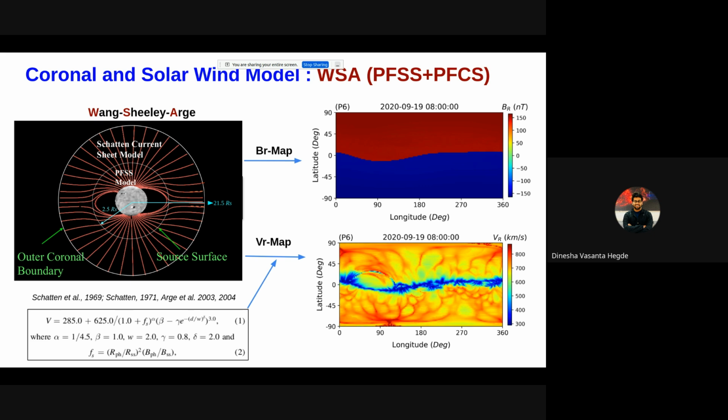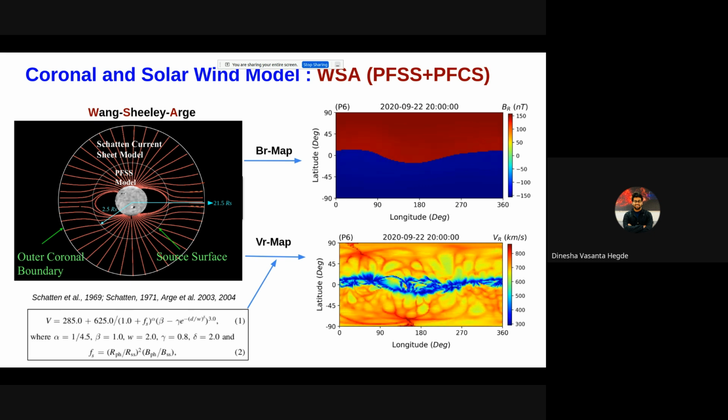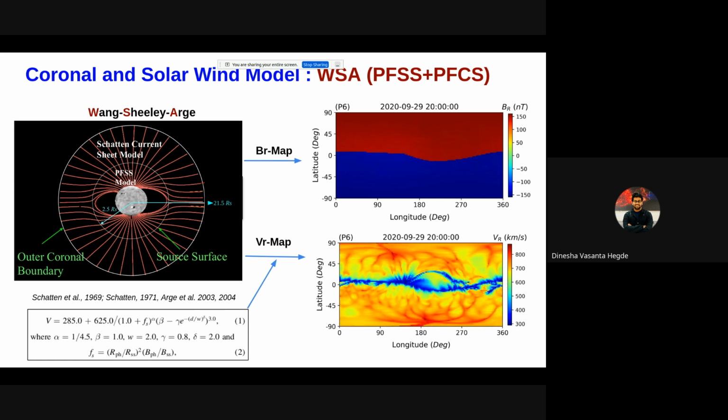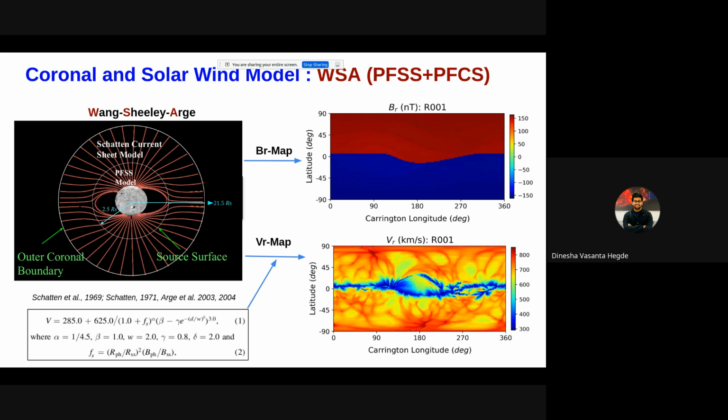This is 2020, so it's a rising phase of the solar cycle. And this is how it looks for the ensemble. When we propagate our photospheric uncertainty to the corona, this is how the coronal solutions vary for BR and VR.